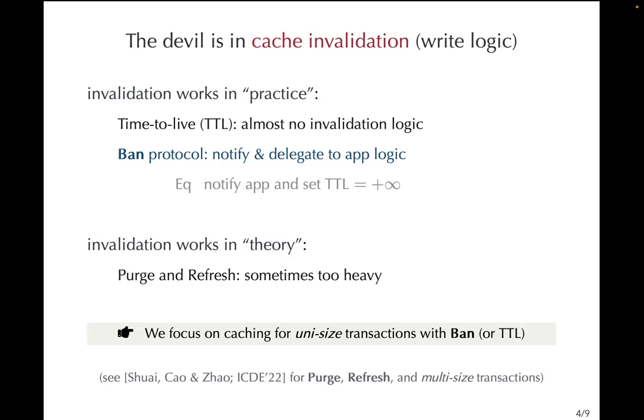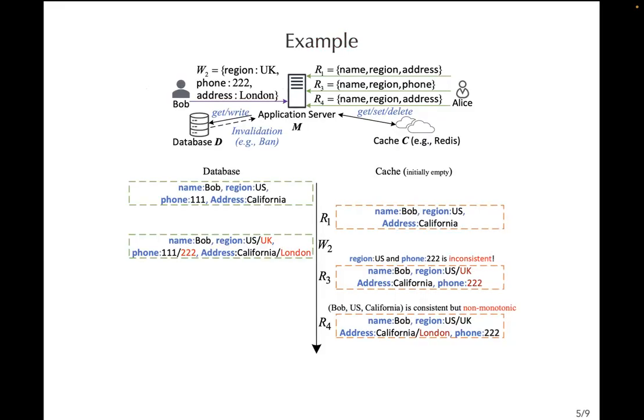In fact, as you can find in the paper, unit-size transaction is in fact more challenging and interesting from the technical point of view. Although the ban invalidation is practical and popular, it makes transactional caching more difficult.